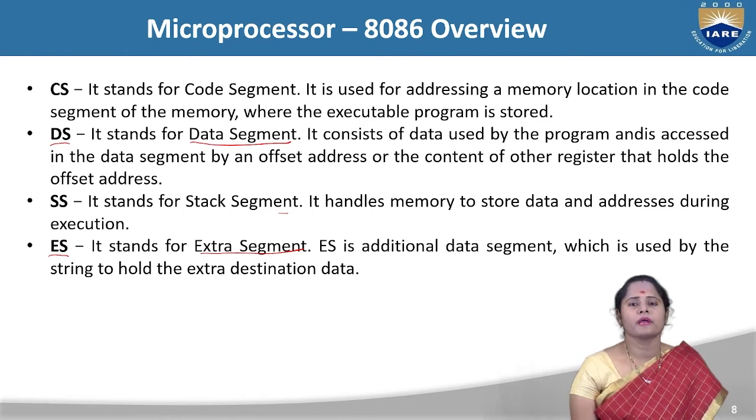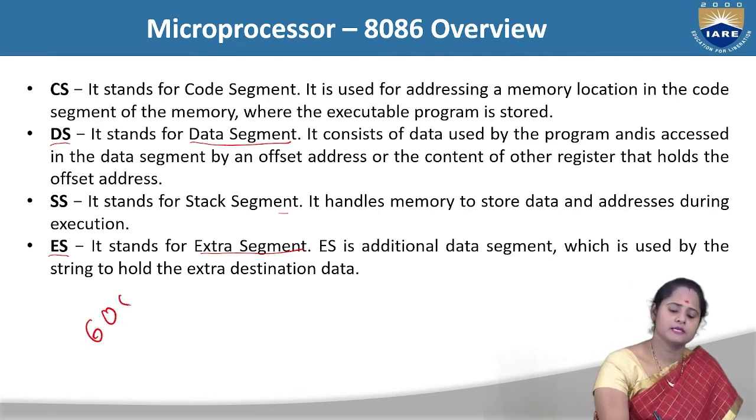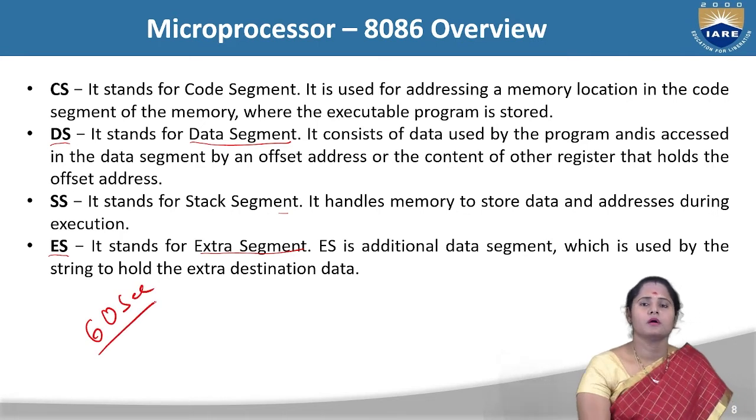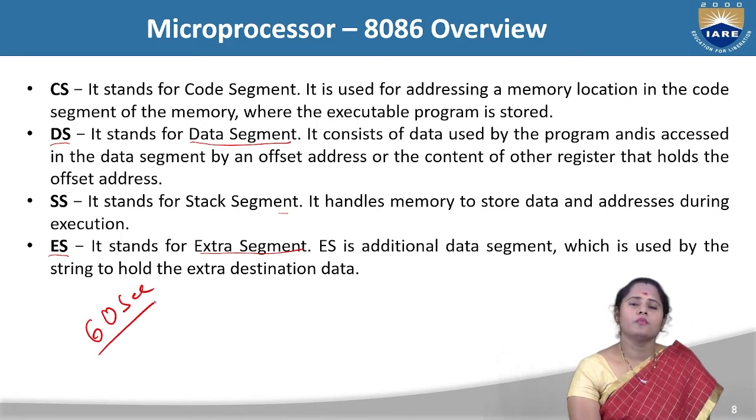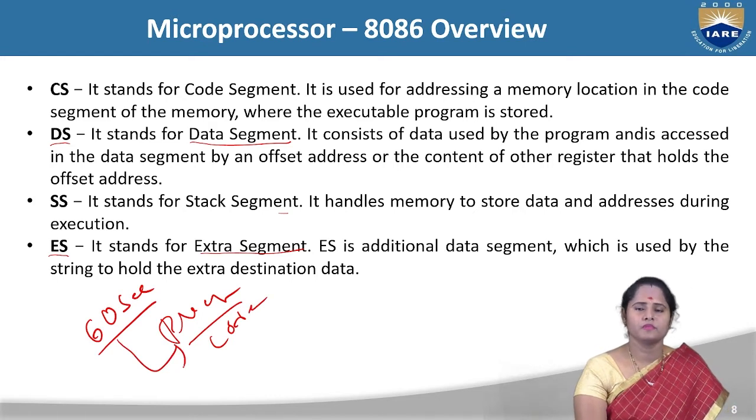I have written a program for a counter which counts a delay of 60 seconds. I'll write some code in order to generate a delay, and I need to place it in the memory.